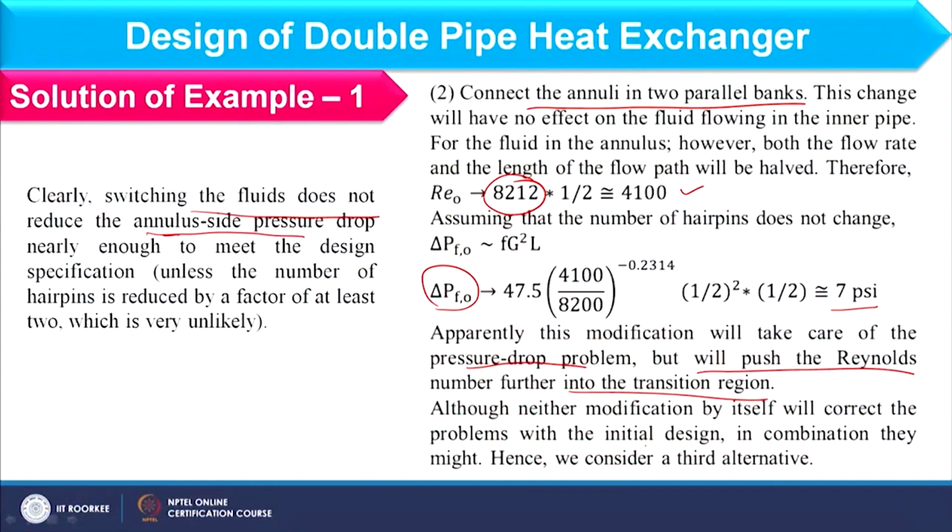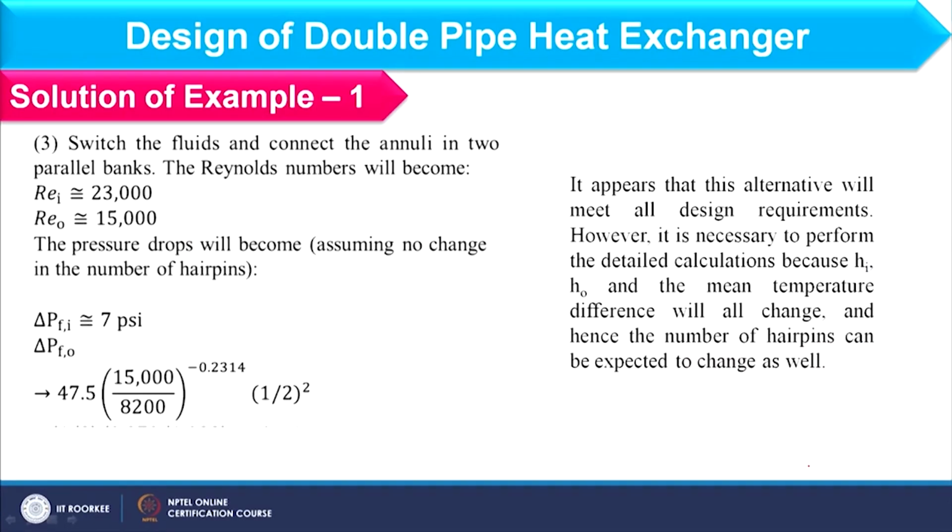So, what we can consider? We can consider the combination of two options together. So, considering this, we can make a third alternative where switching as well as connect the annuli in two parallel bank, both we should consider. So, here I am having the Reynolds number.